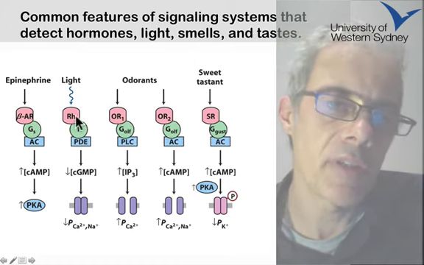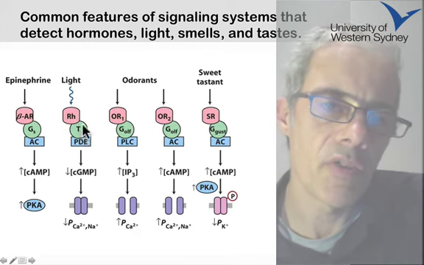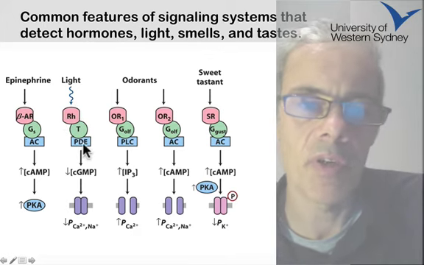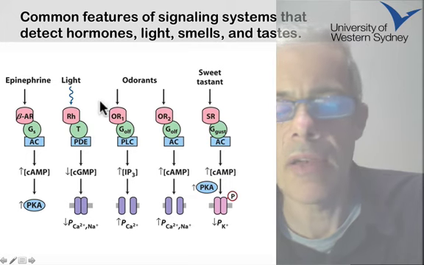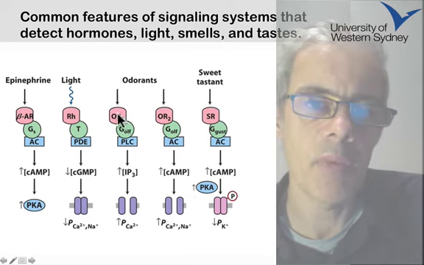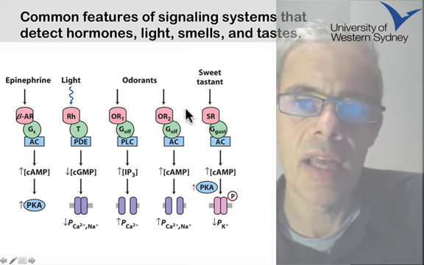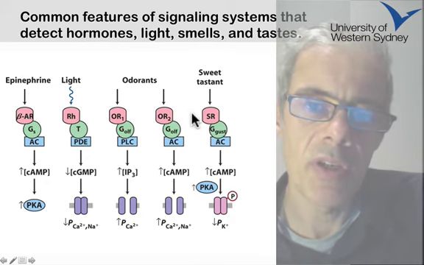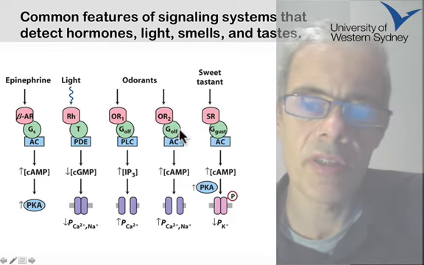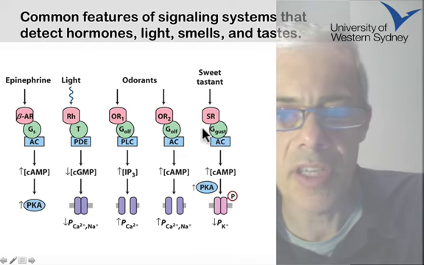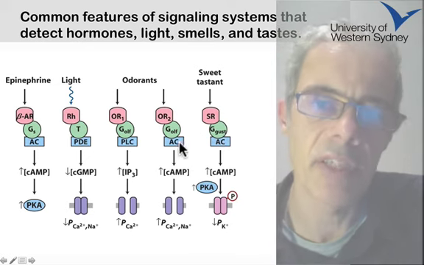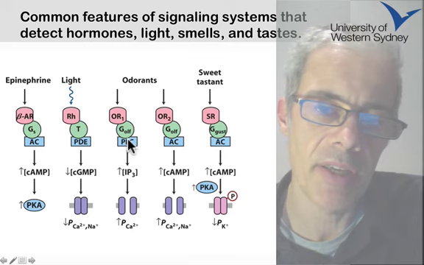We've looked at the perception of light with the binding of transducin to activate a phosphodiesterase. And I've just been flagging the fact that we have odorant receptors and taste receptors which interact with various heterotrimeric G proteins to activate other enzyme activities such as adenyl cyclase or phospholipase C.